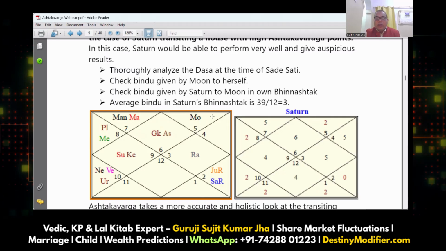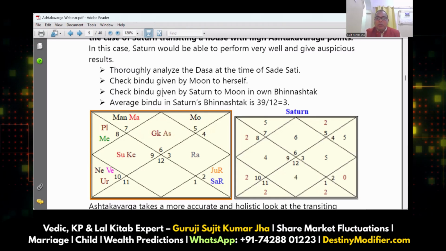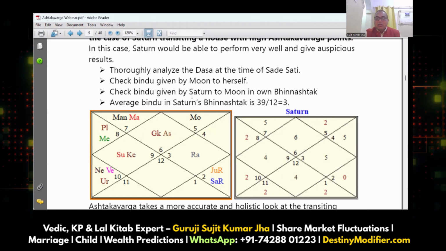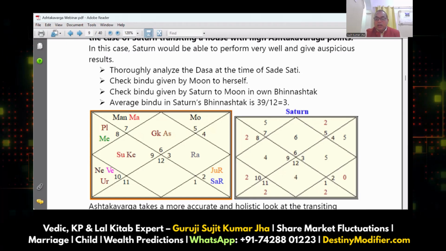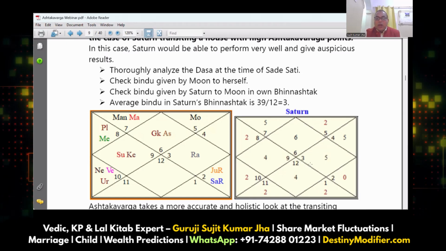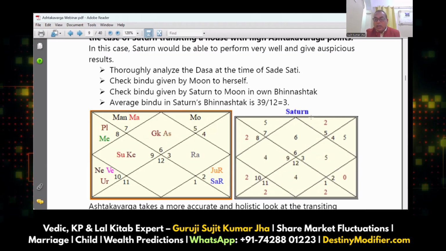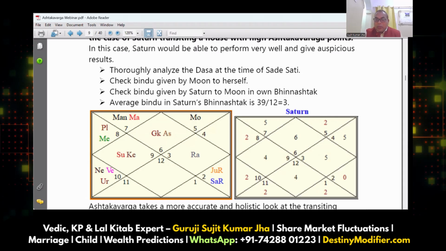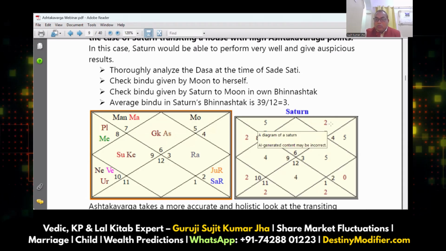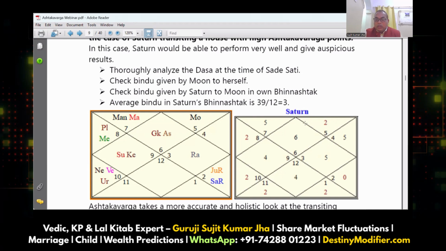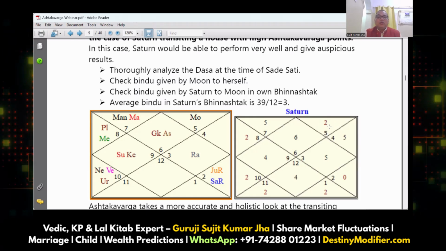If more than 4 points, it means it is good. Then third, we have to check the bindu given by Saturn to the Moon. Means in Saturn's Bhinnashtakavarga on the right side, how many points are given to the Moon? The Moon is in Leo sign. So in Leo sign, you can see here in Saturn's Bhinnashtakavarga, the Moon has only 2 points. So Saturn has given only 2 points to the Moon.